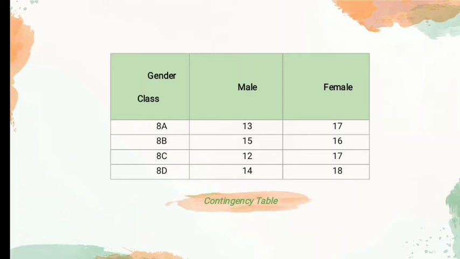In 8th grade C there are 12 boys and 17 girls. And then in class 8D, the number is 14 for boys and 18 for girls.